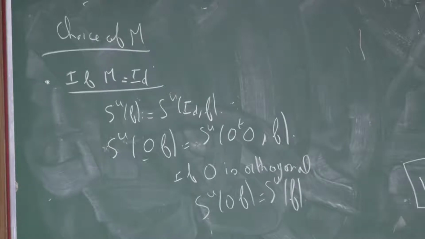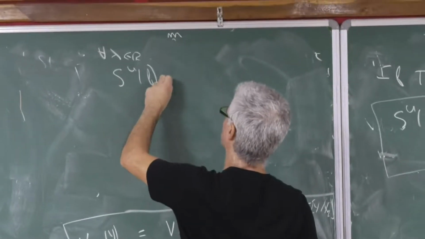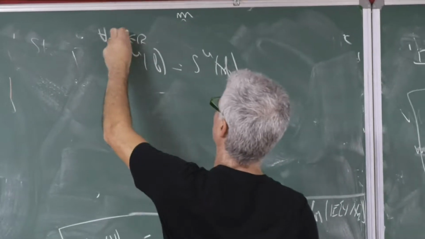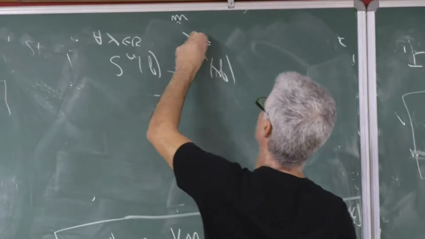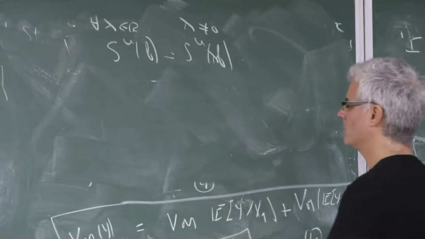And also we can see that if in addition I do a scaling of a function, it's easy to see that it is invariant, for lambda not equal to 0.